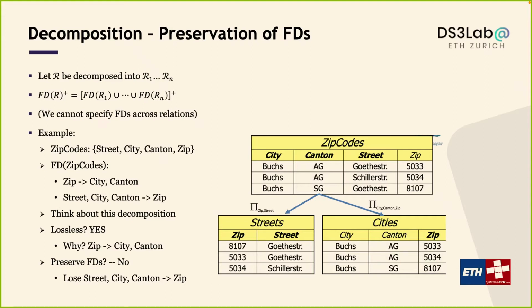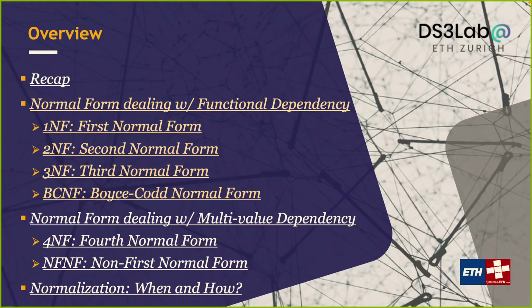Given this, we will start our discussion today about normal forms. So what is a normal form? There are different ways that you can organize your logical schema, and if you organize your logical schema to satisfy one of these normal forms, you immediately know what properties you have.